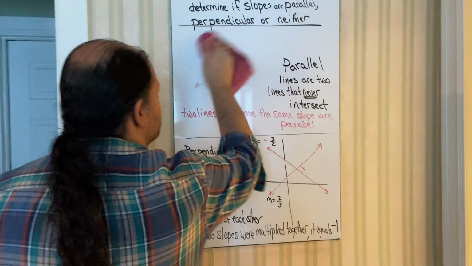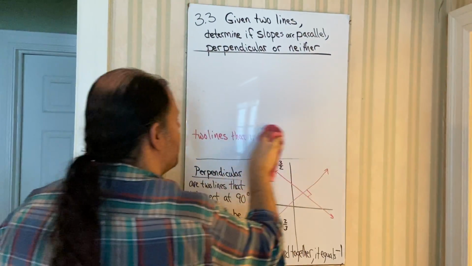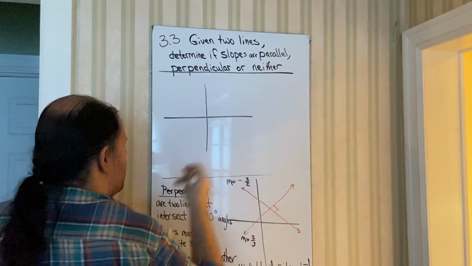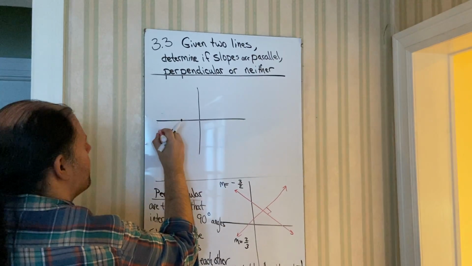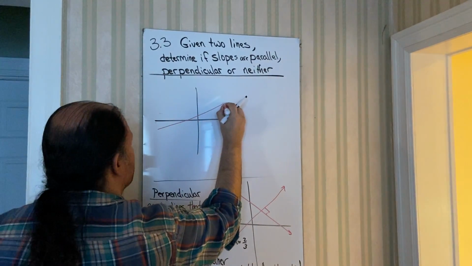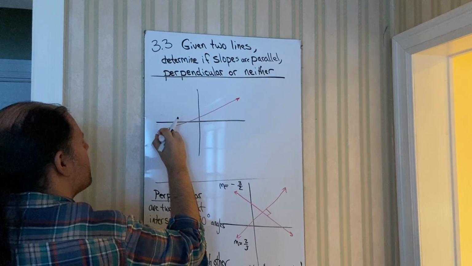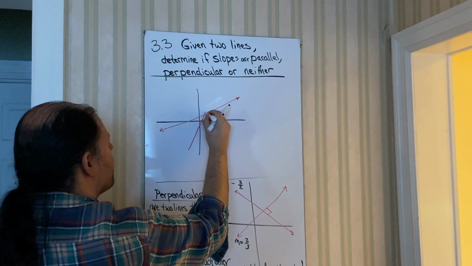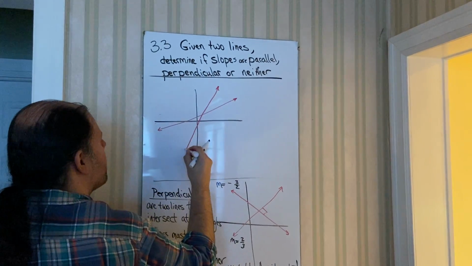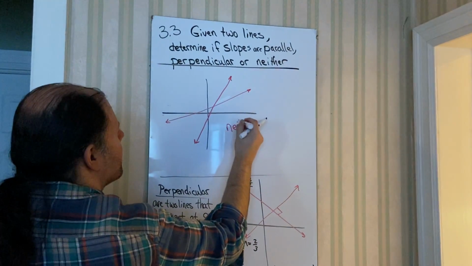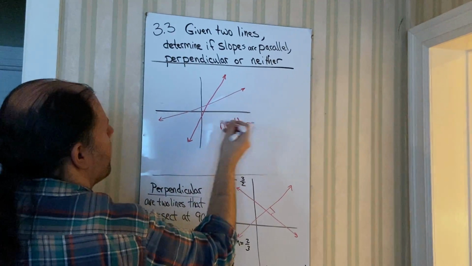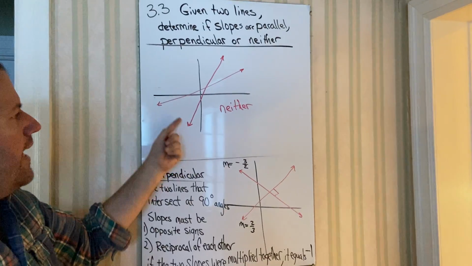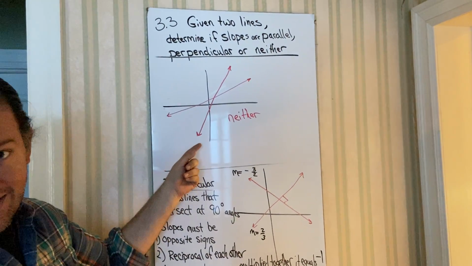I'll just give you a picture of what neither would look like. This would be considered neither, because you can see that they're not the same slope because they're intersecting.